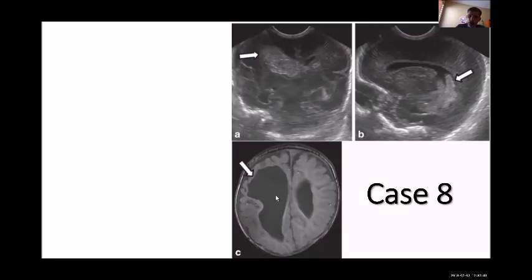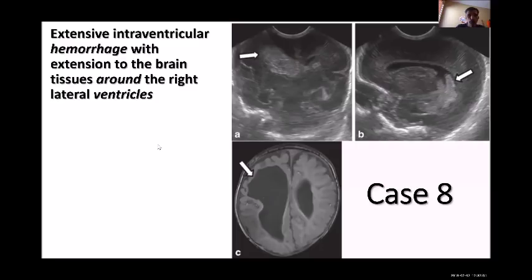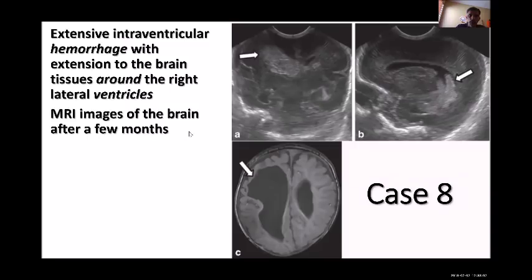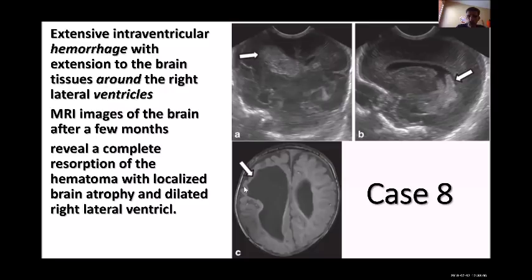If it's non-communicating, a tension one, it will push the interhemispheric fissure to the other side. So it's extensive intraventricular hemorrhage with extension to the brain tissue. It's not only bleeding, it's parenchymal and intraventricular. The MRI a few months later showed complete resorption of the hematoma with local brain atrophy and dilatation of the right ventricle. So it's not hydrocephalus.